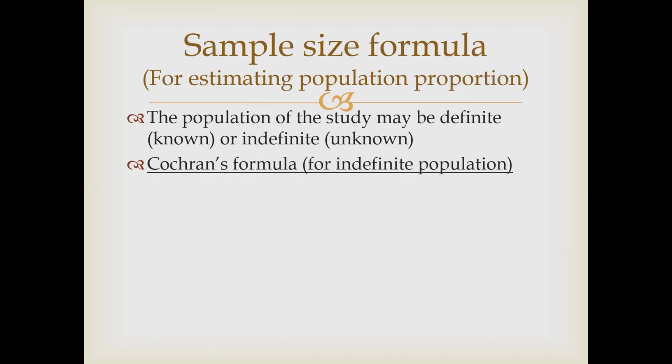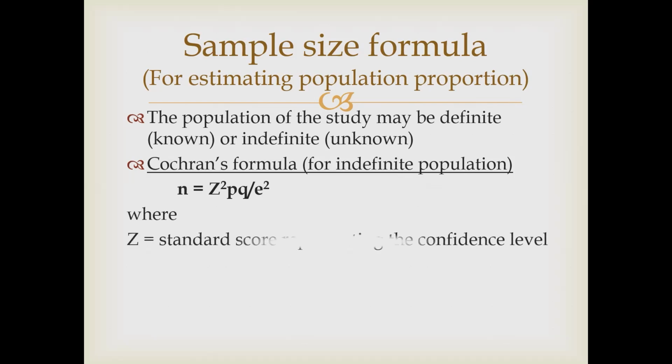There are many formulas. One popularly used formula is the one given by Cochran, for indefinite population. We start with the indefinite population. N, the sample size, is equal to Z square into P into Q divided by E square. So we will see what is Z, what is P, and so on.